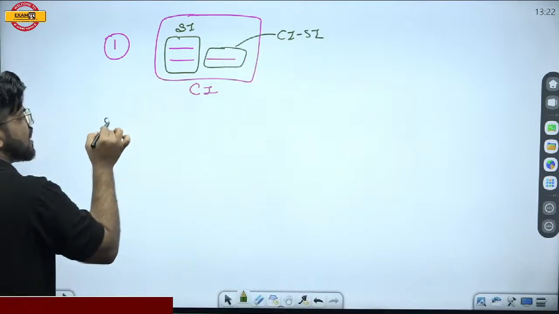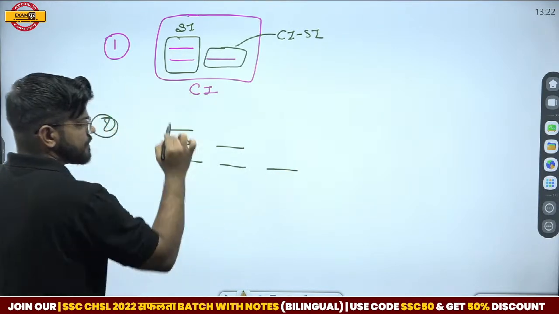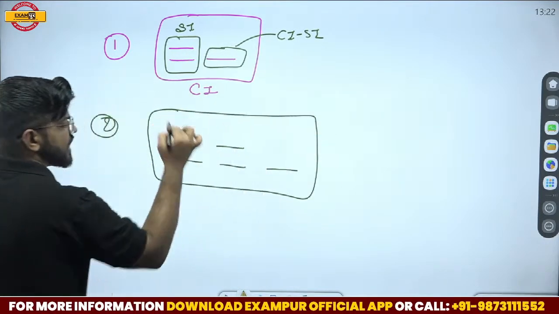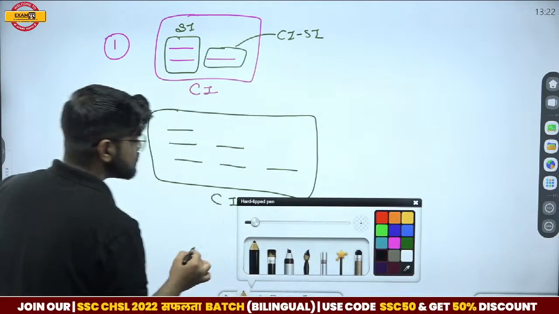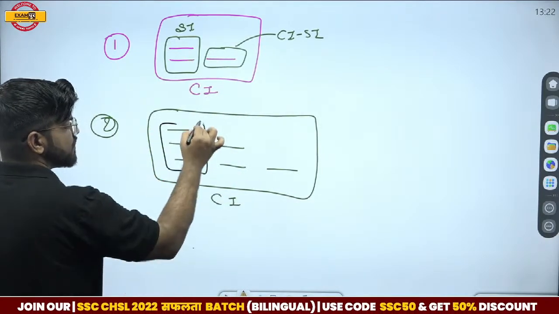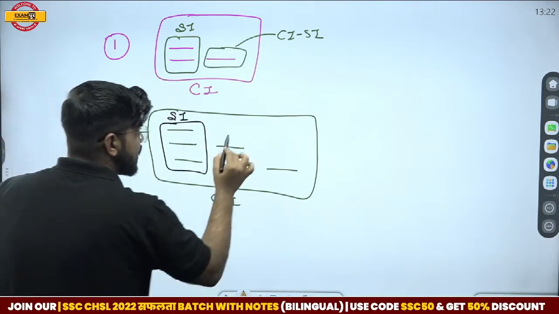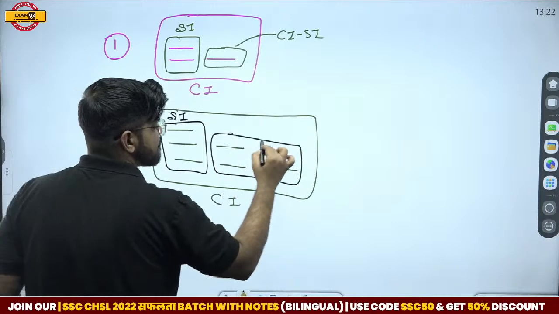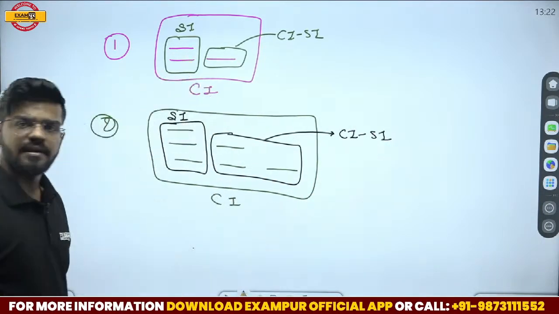Superb. Now for 3 years we have these slabs, right? The whole slab will give me CI. The first slab will give me SI, and the remaining slabs will give me CI minus SI. Clear to all of you?